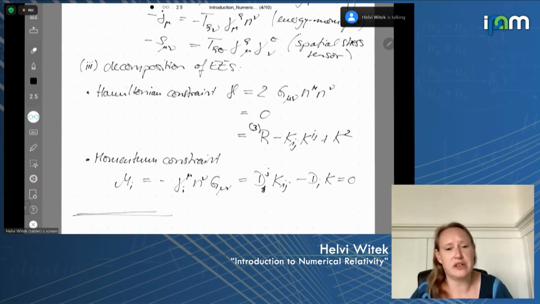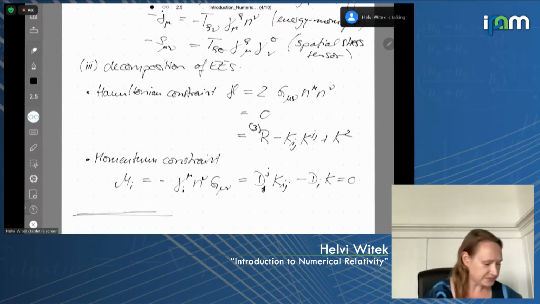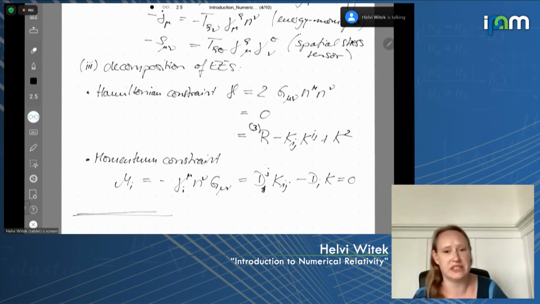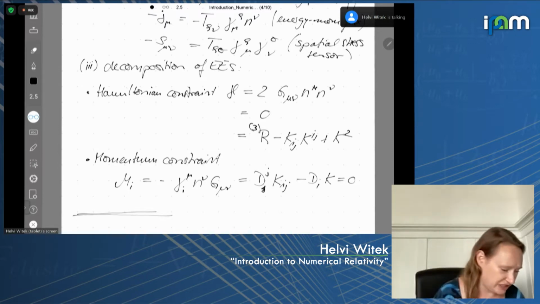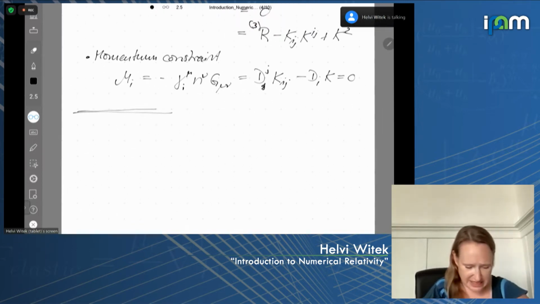So that is a set of elliptic type partial differential equations that we would typically solve for the initial data. Now, if we take our Einstein's equations and project them onto the hypersurface in both directions, we actually end up with an evolution equation for the extrinsic curvature. And that's what I'm going to write down next.